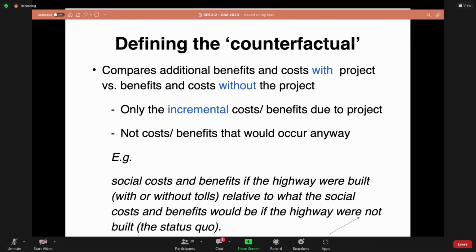So it might not mean that we can do nothing, but maybe the government will have to maintain the existing road, even if you don't build this new highway. So then that will incur a particular cost. So it will be any additional costs on top of that that you will have to consider when you are appraising the new alternatives.